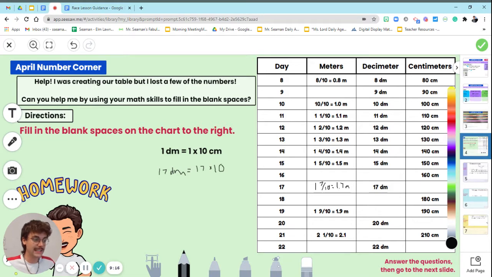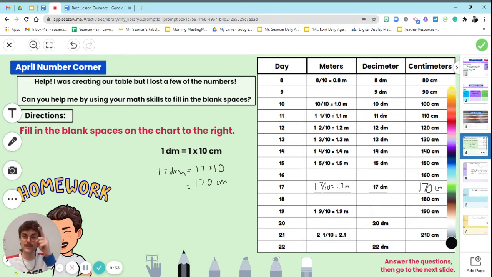When I do 17 times 10, what I am left with is 170 centimeters. So then I'm going to write 170 centimeters as best as I can here.